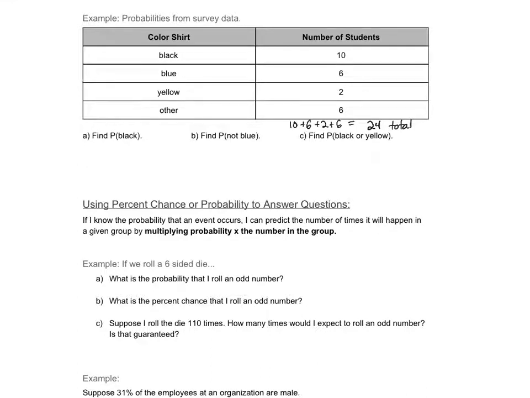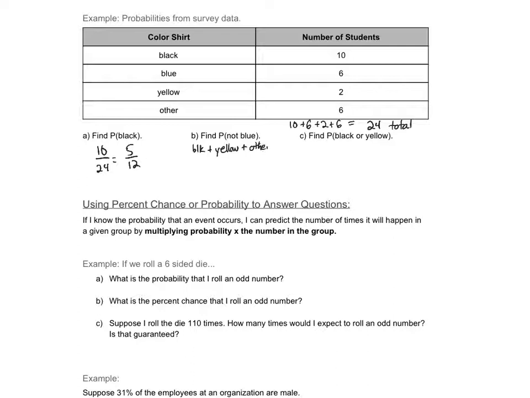So the probability of black would be 10 out of 24. And I can reduce that fraction by dividing both numbers by 2. The probability of not blue, I can find the numerator two different ways. One possibility is that I recognize that would be black plus yellow plus other.